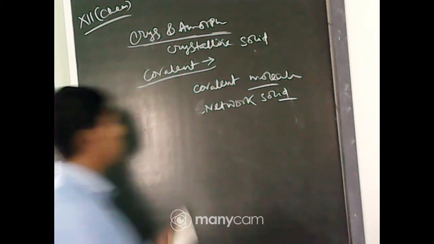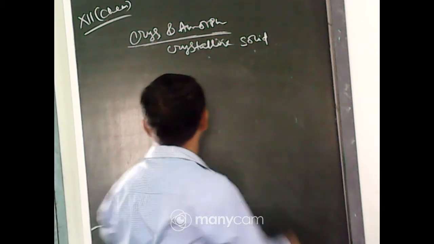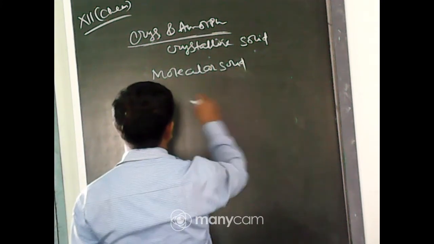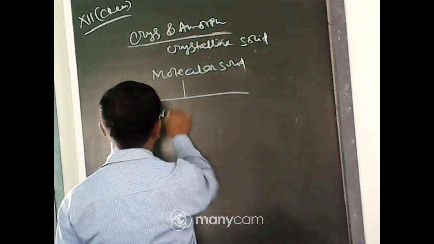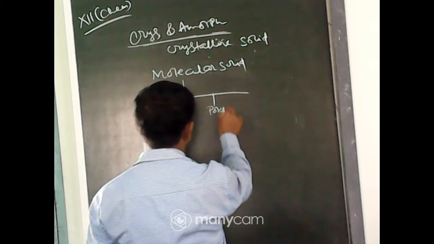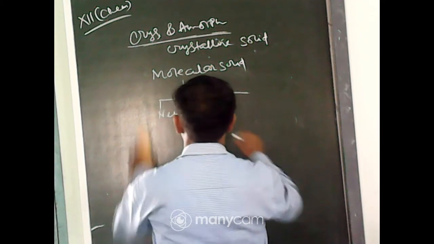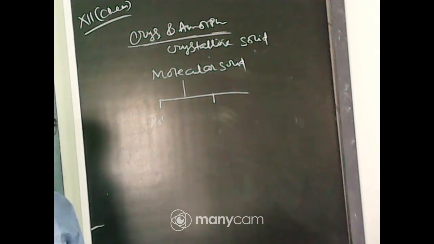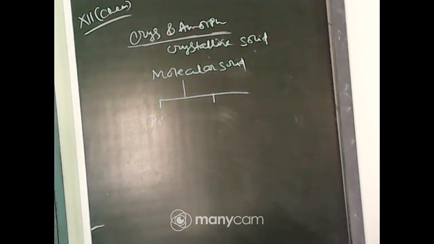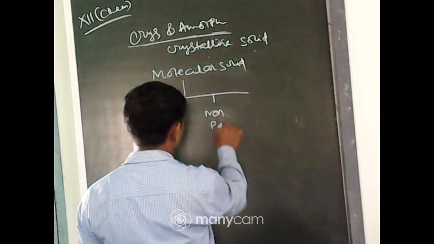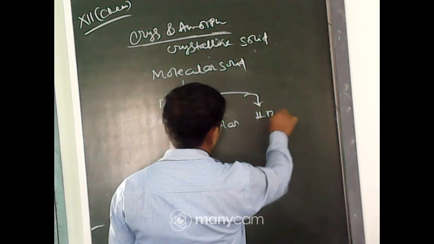Next one is the molecular solid. Now, the molecular solid has three types: polar, non-polar, and hydrogen bonded.